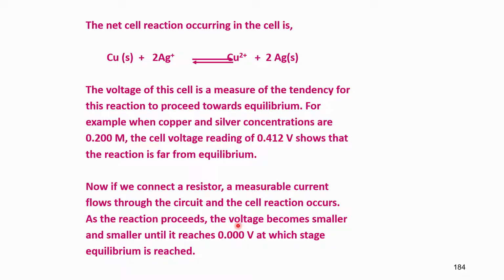As the reaction proceeds, the voltage becomes smaller and smaller, and from 0.412 it will reach almost 0.000 volts, at which stage no more copper is depositing and no more copper is dissolving to give Cu2+ ions, nor is silver being formed, and it has reached the equilibrium position. So, at equilibrium, the voltage of the system would be 0.